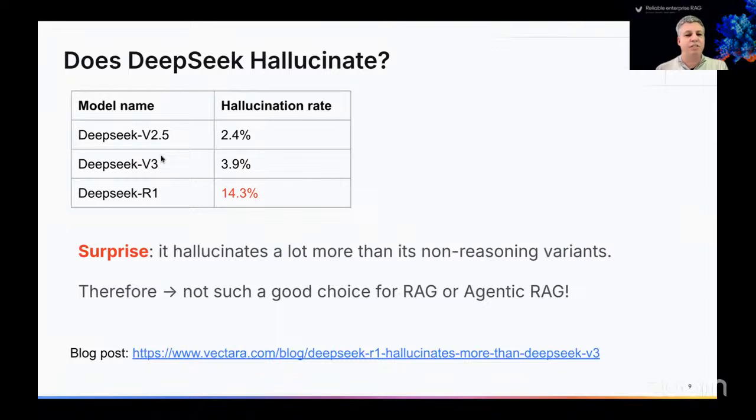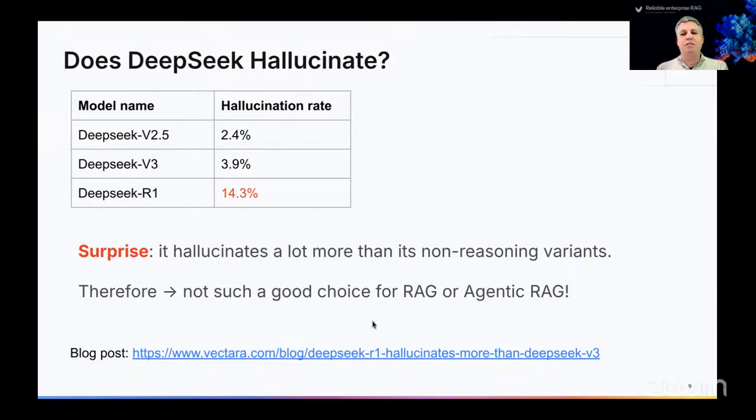They're not trying to do reasoning. That's a big hallucination rate, 14% of the cases. So therefore, we currently believe that it's not such a good choice for RAG or agentic RAG because of that reason.